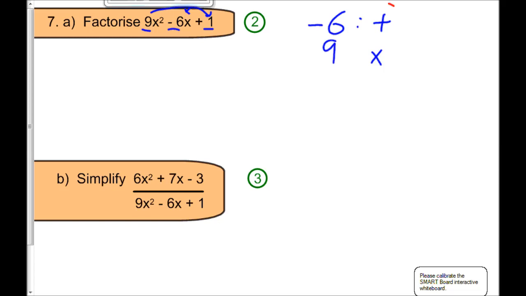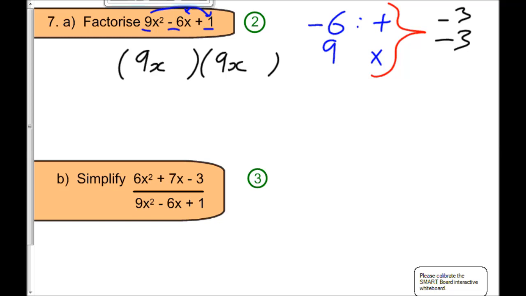So we have this situation up here. So we're looking for 2 numbers that add to make -6 and multiply to make 9, and what we actually end up with is the same number twice, -3 and -3, which satisfies both of those. Now we've got to get those into the brackets. Now remember, firstly, these brackets will both contain a 9x, because we're going to divide it on later on.